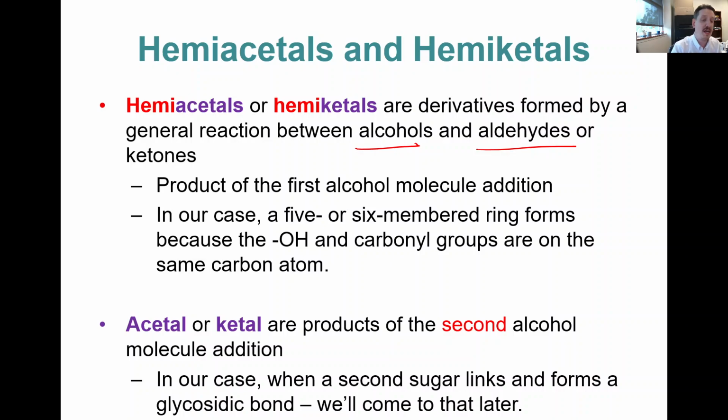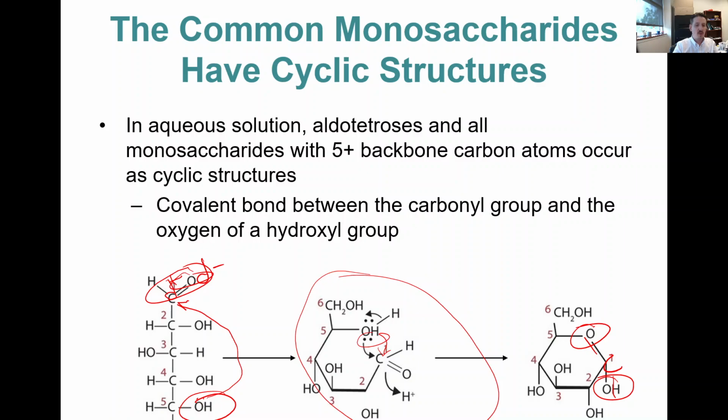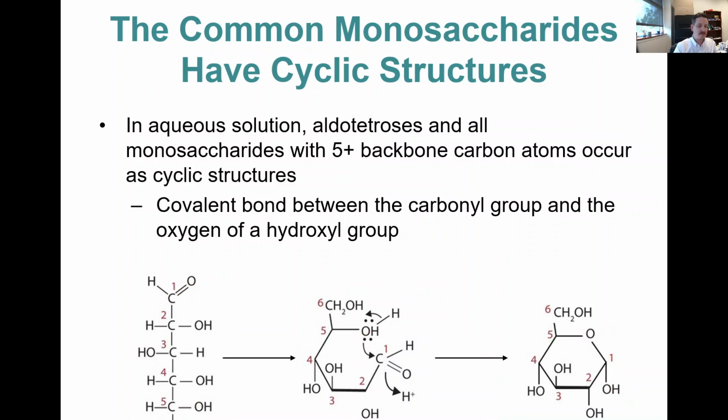This obviously applies in this setting to the sugars, but overall, a hemiacetal and a hemiketal is where you have an alcohol reacting with an aldehyde or a ketone. And so if we go back here, and where's my pen? Here it is, an alcohol reacting with an aldehyde. And so it's going to form a ketal.